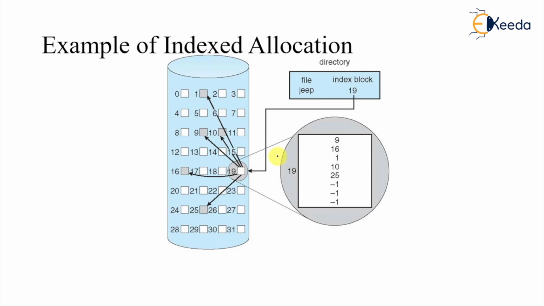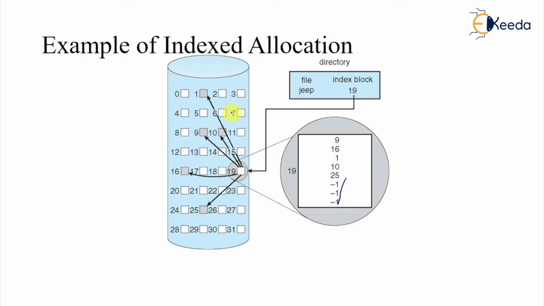Now we have this file and these indexes: first pointing to 9, then 16, then 1, then 10, then 25, and the rest of them are -1.